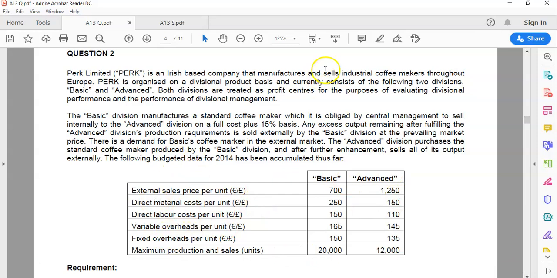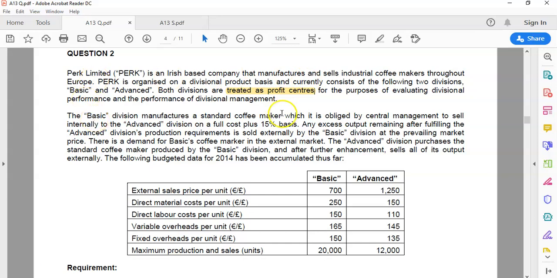We're told PERC Limited is an Irish company that manufactures and sells coffee makers. It's organised on a divisional basis and consists of 2 divisions, basic and advanced, and importantly, both are profit centres. What that means is that the management of basic and advanced are both benchmarked on how profitable they are, so they want to maximise their performance.